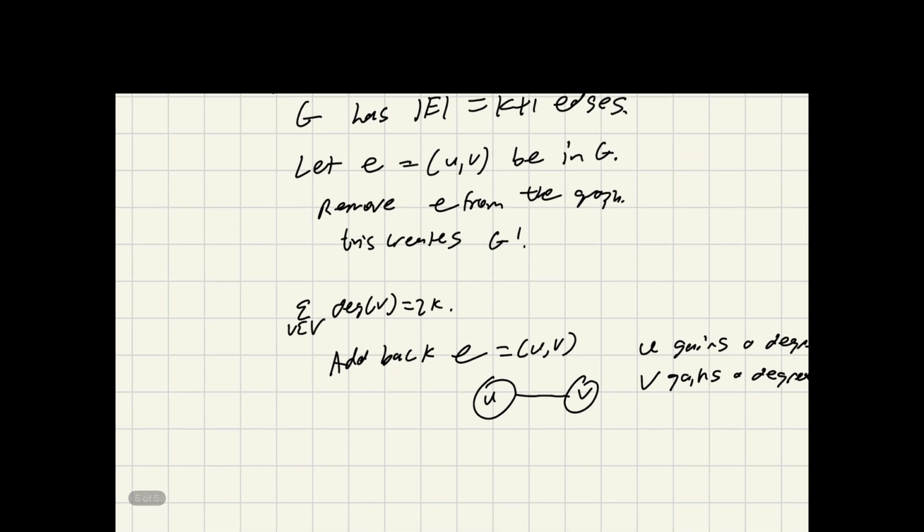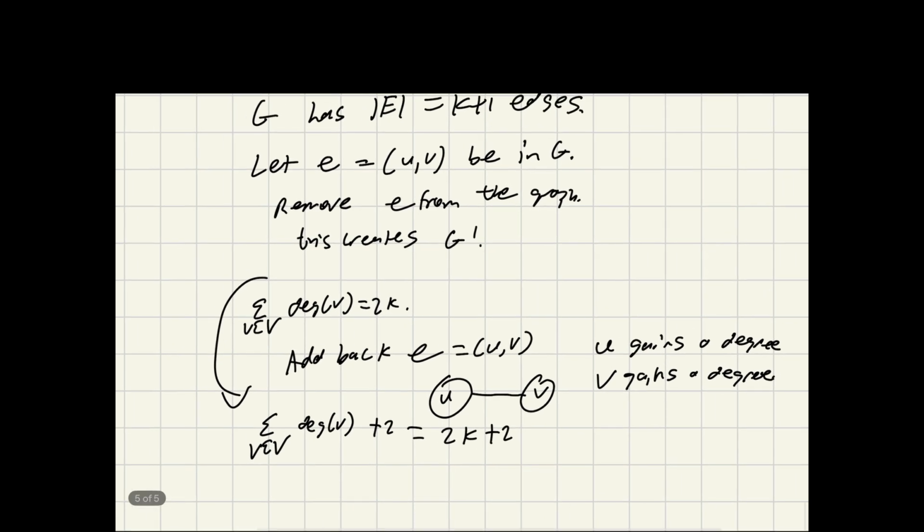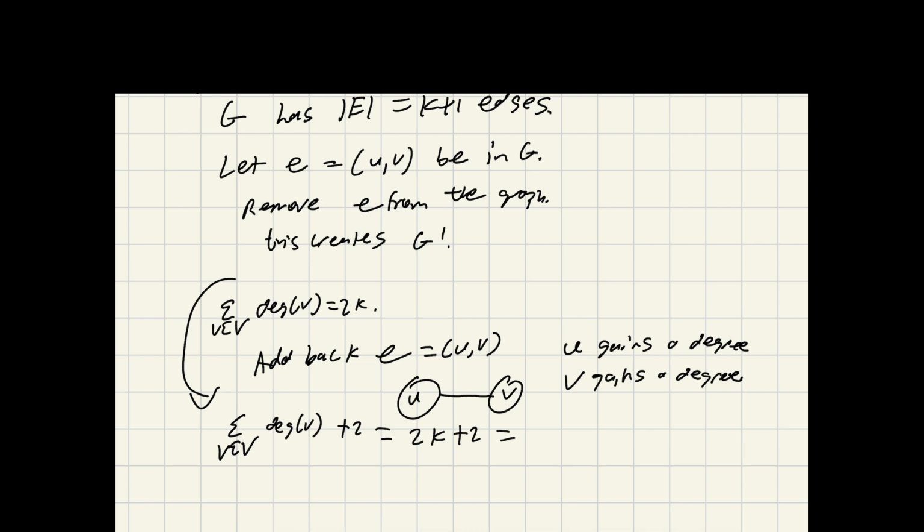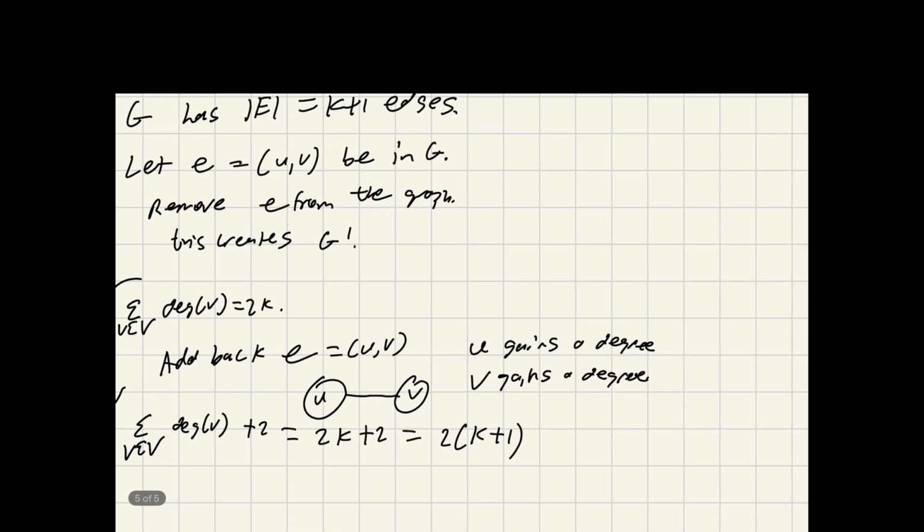So on both sides of this equation here, we can add 2 because the degrees are now greater than they were before. So this is going to equal 2k plus 2. And then using a bit of algebra, we can see that this is the same as 2 times (k plus 1), and that's just doing the opposite of distribution, right? And k plus 1 is exactly the number of edges in the graph G.